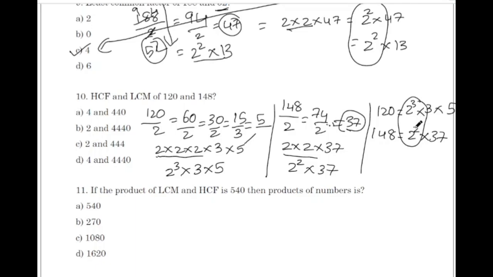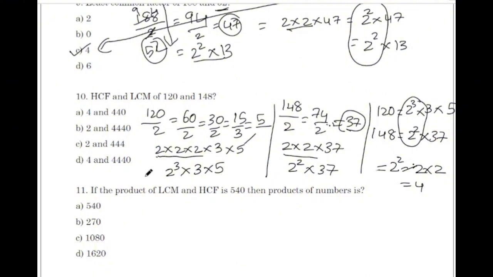Whichever has the least power, that will be your answer. So here 2 to the power of 3 and 2 to the power of 2. So 2 to the power of 2 is nothing but 2 into 2, which is 4. So the answer should be either A or D. We got the HCF, and HCF is 4.